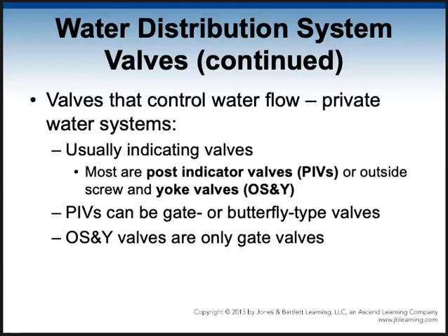So that would be an OS&Y. They are all gate valves, and PIVs can be either butterfly type or gate, but these are all indicating valves. An indicating valve means you know if it's open or closed just by looking at the valve.